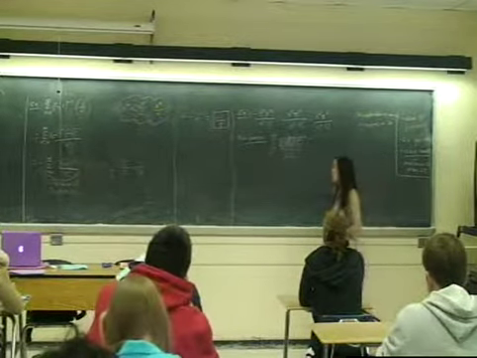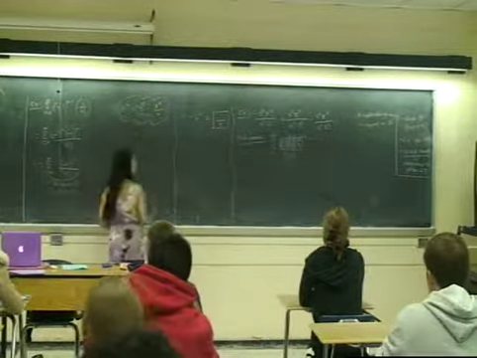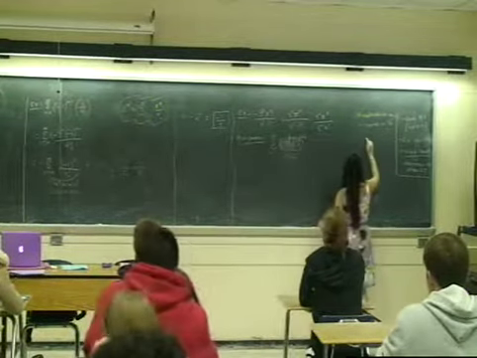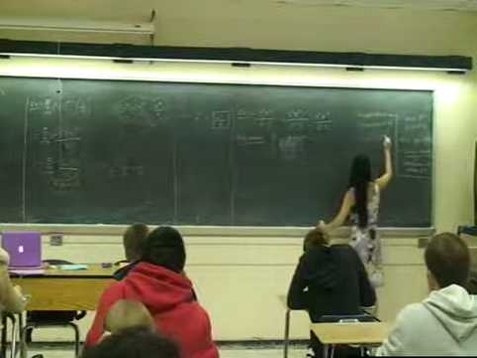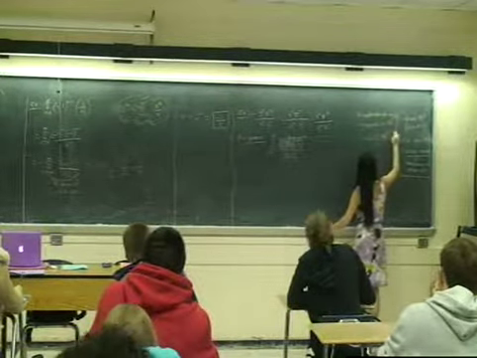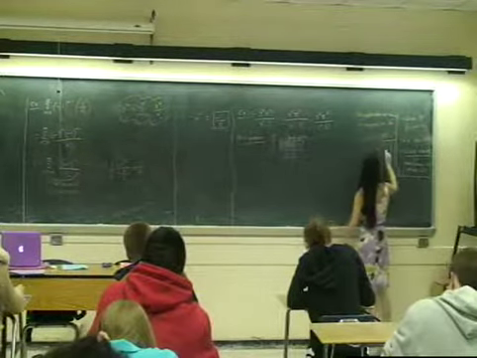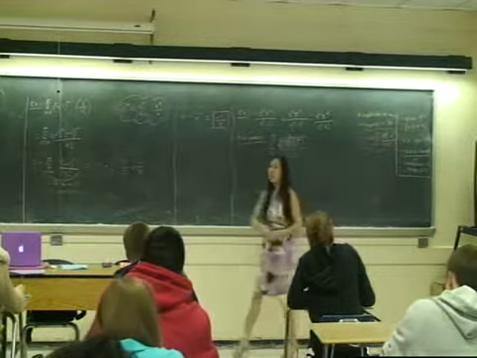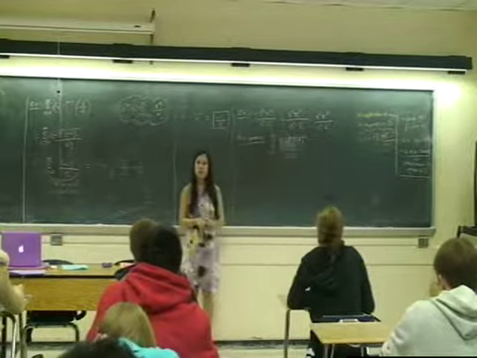Which Maclaurin series does this look like? Cosine. Here's the Maclaurin series for cosine. Can I just say that this series equals cosine of 3 pi over 4?